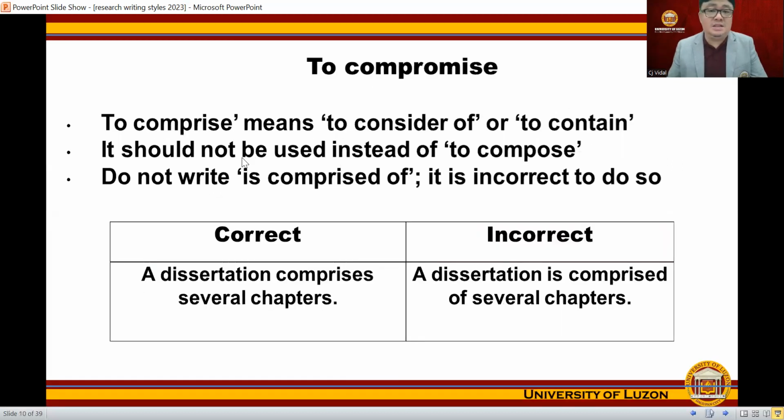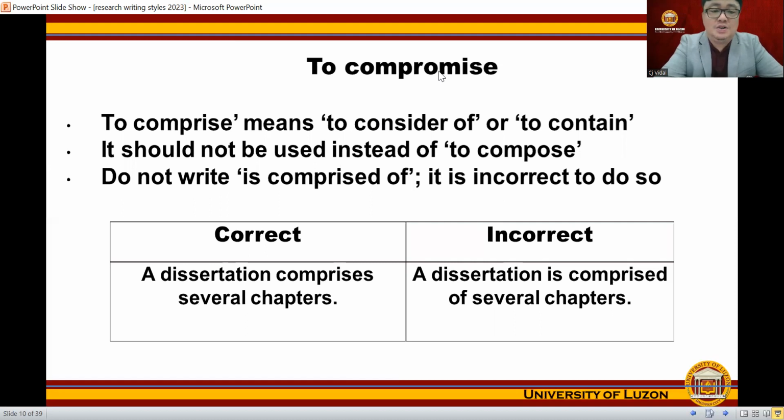What about to comprise? Sorry, that is not to compromise. That should be to comprise, not compromise. To comprise means to consist of or to contain. It should not be used instead of to compose. So do not equate to comprise with the word to compose. Do not write is comprised of, as it is incorrect to do so.